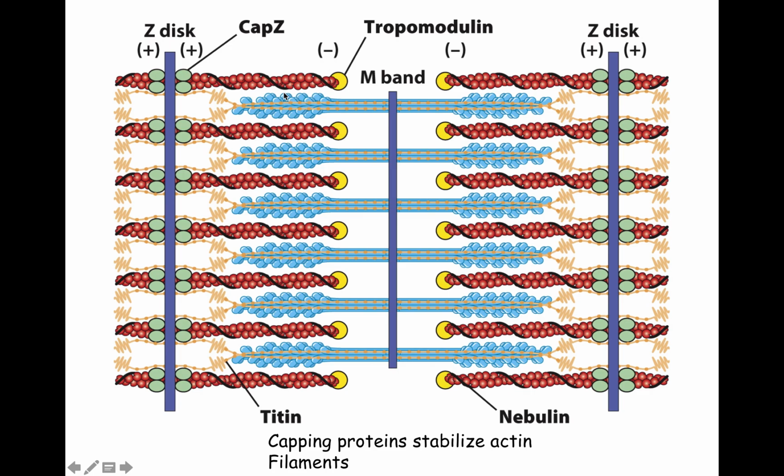So it's pulling like a tug of war toward this plus end and toward this plus end, and that causes the two purple bands to come closer together during contraction. And then during relaxation, myosin is not attached to actin, and so they can spring back into place. Or there'll be an opposing muscle that will pull them back into place, such as your biceps versus your triceps.